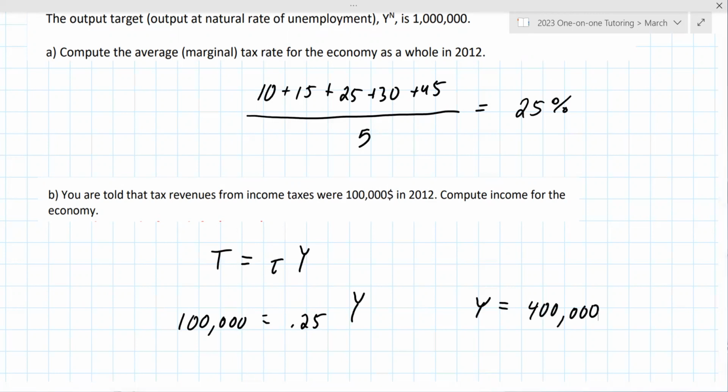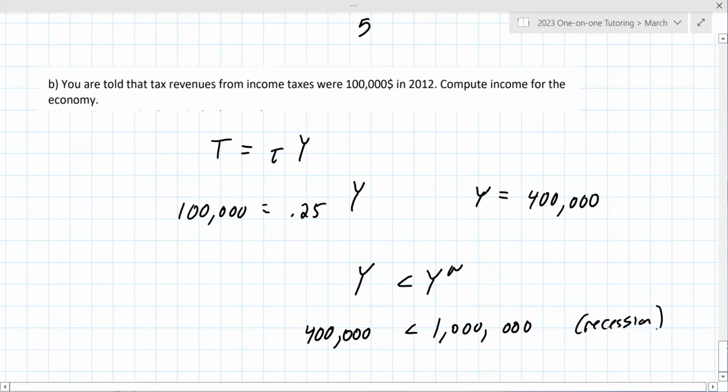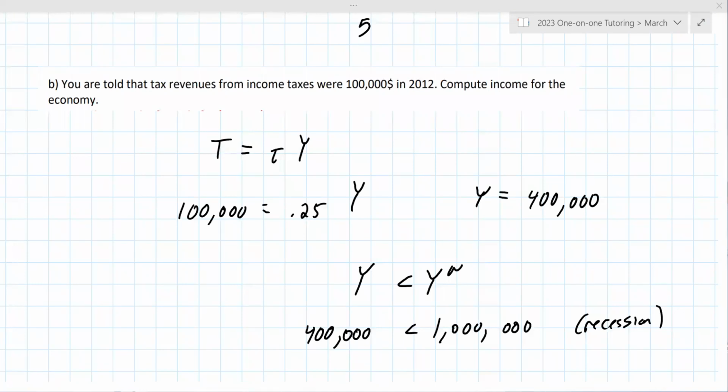And you compare this to the target output yn. Again, y is less than yn, which was 1 million. So I guess recession. That's probably another thing I would ask: what if it's the other way? What would we say there? Got it. Part C.